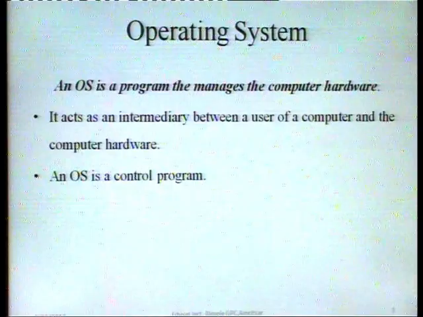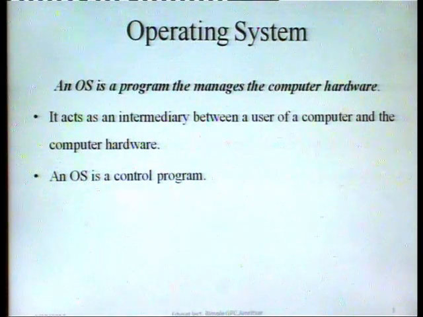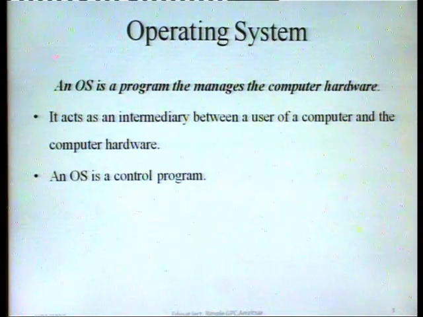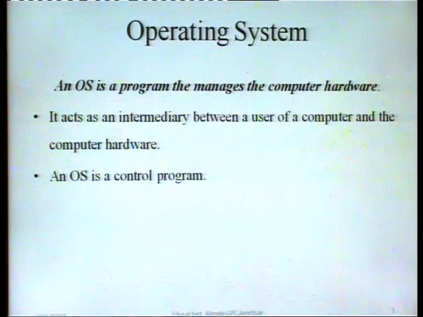It acts as an intermediator between a user of a computer and the computer hardware, like a person who understands both human language and computer language. So an operating system is a control program because it controls and manages the whole program and input output devices.